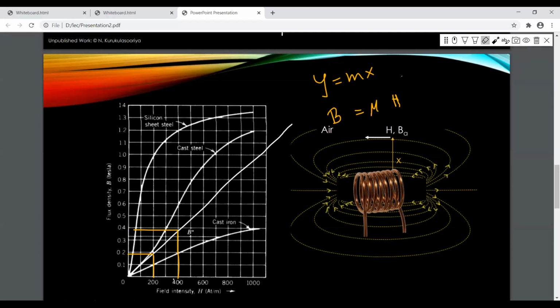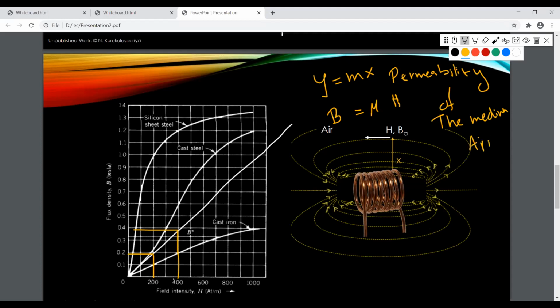We give it a special name, the permeability of the medium. In this particular case, the permeability of air.